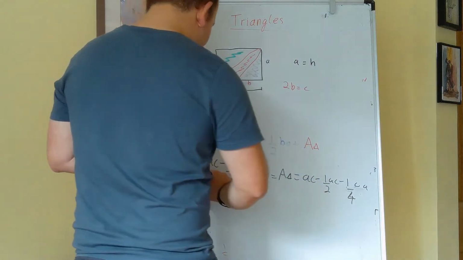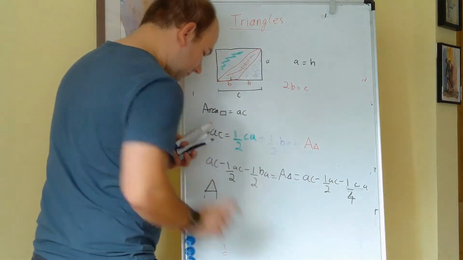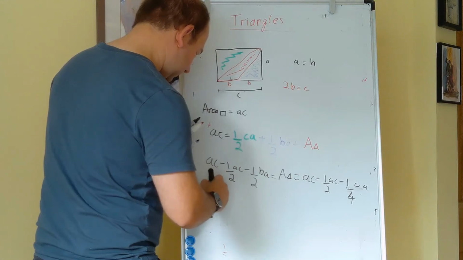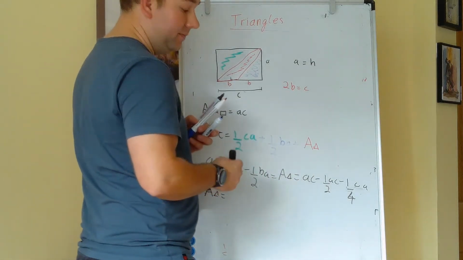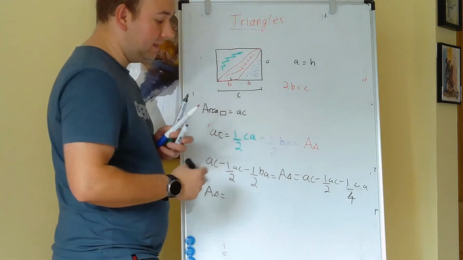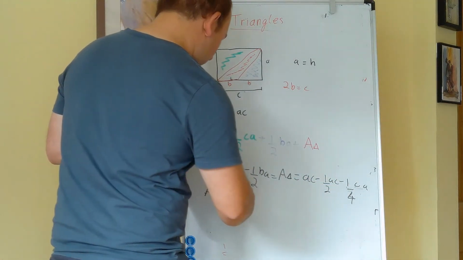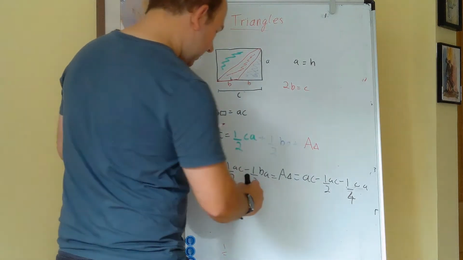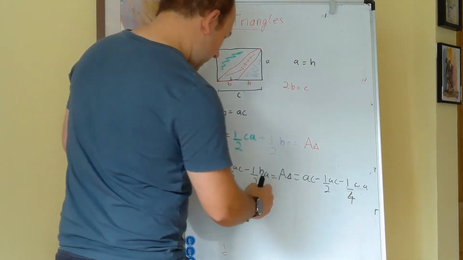So we can take this away. So the area of the triangle is equal to AC minus a half AC, which is a half AC, minus another quarter AC, which takes us down to a quarter AC. However, this is also equal to a half.